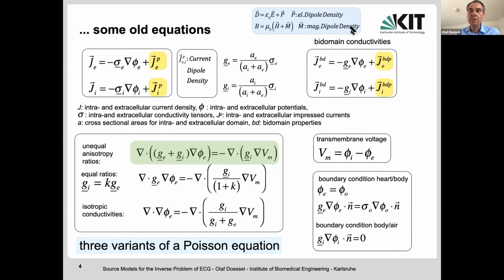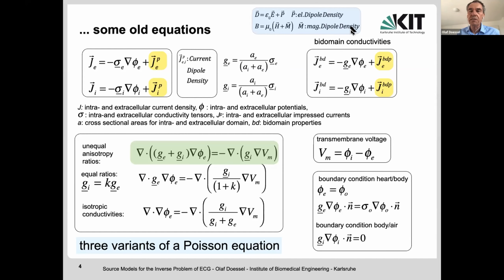And so you can go from microscopic electric dipoles to the polarization, and from microscopic magnetic dipoles to the magnetization. It's a homogenization process. And precisely the same happens here. You just copy these equations and translate them to this type of equation.